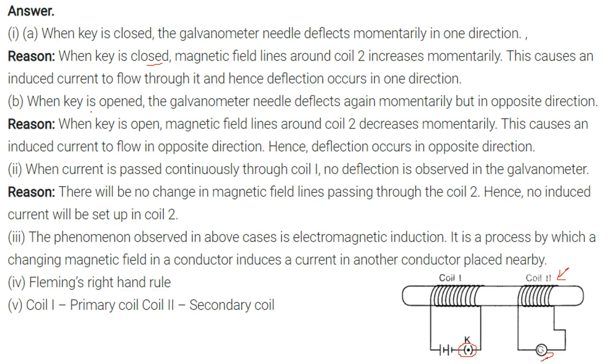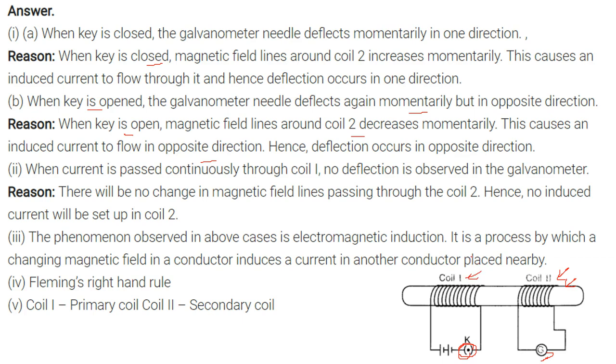Now when the key is opened, the needle again deflects momentarily but in the opposite direction. Why? When the key is opened, the magnetic field lines around coil 2 decrease momentarily. This causes an induced current to flow in the opposite direction. Therefore the deflection occurs in the opposite direction. Then the third one: when current is passed continuously through coil 1, no deflection will be observed in the galvanometer.